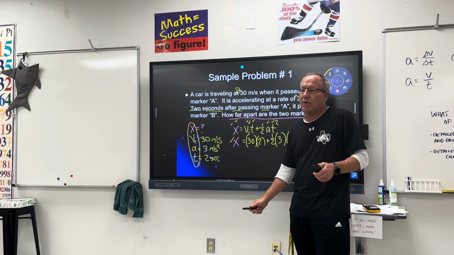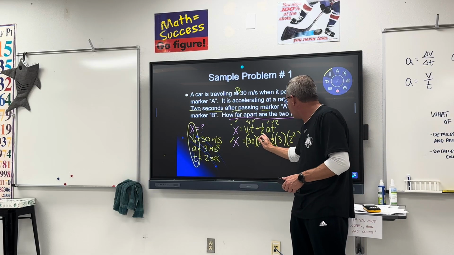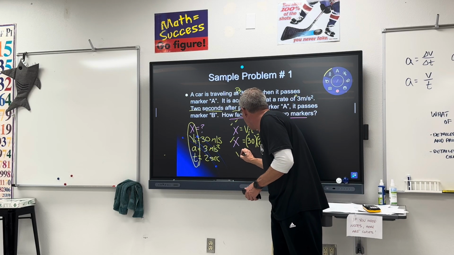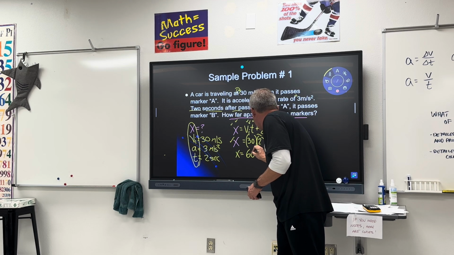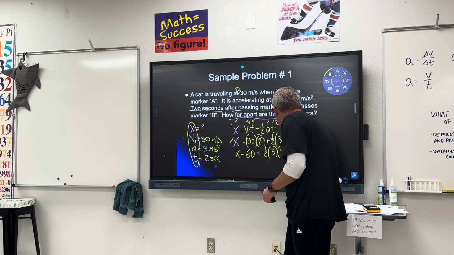I now have to run PEMDAS. 30 times 2 is 60, so I'm going to do 60 plus 1/2 times 3, and 2 squared is 4.